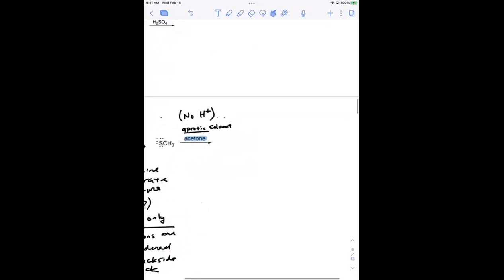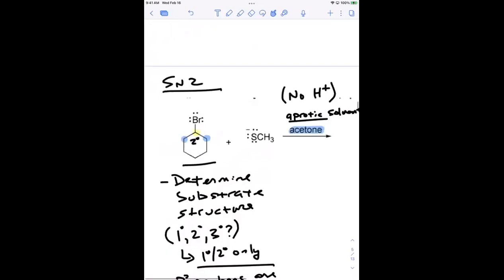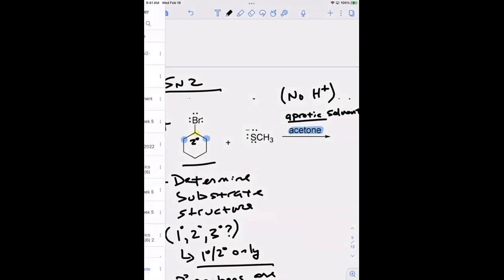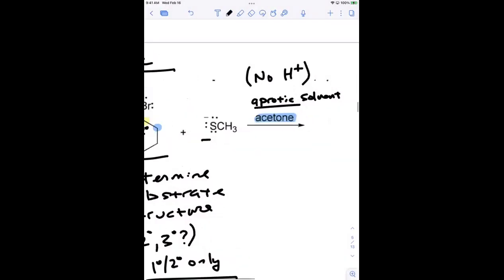If this is my electrophile or substrate, by default this species becomes my nucleophile. A nucleophile is going to be giving away electrons. Do you think that nucleophile, with all those electrons around it and a negative charge, can do proton transfer with a solvent? Yes, it will.